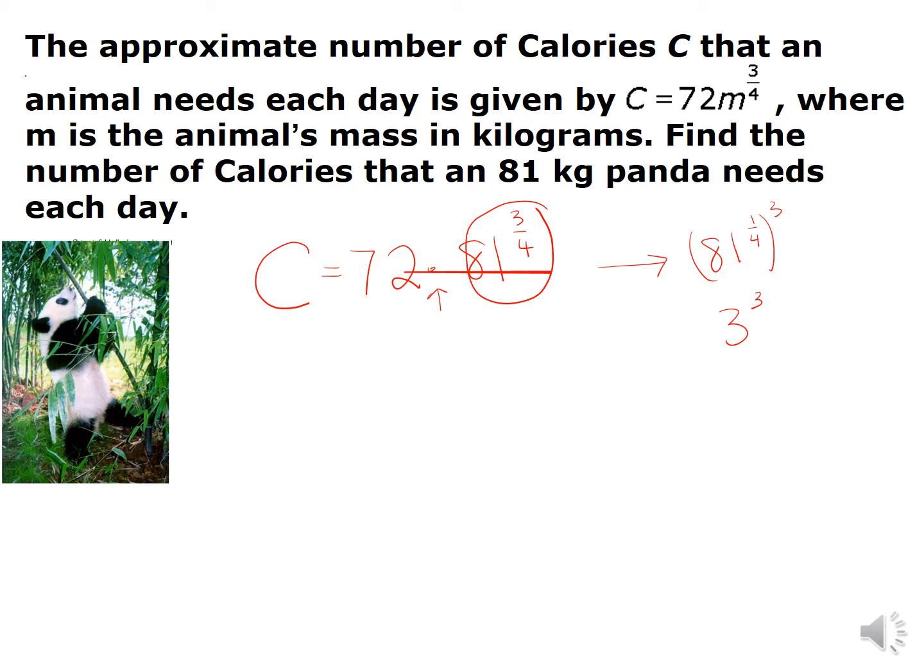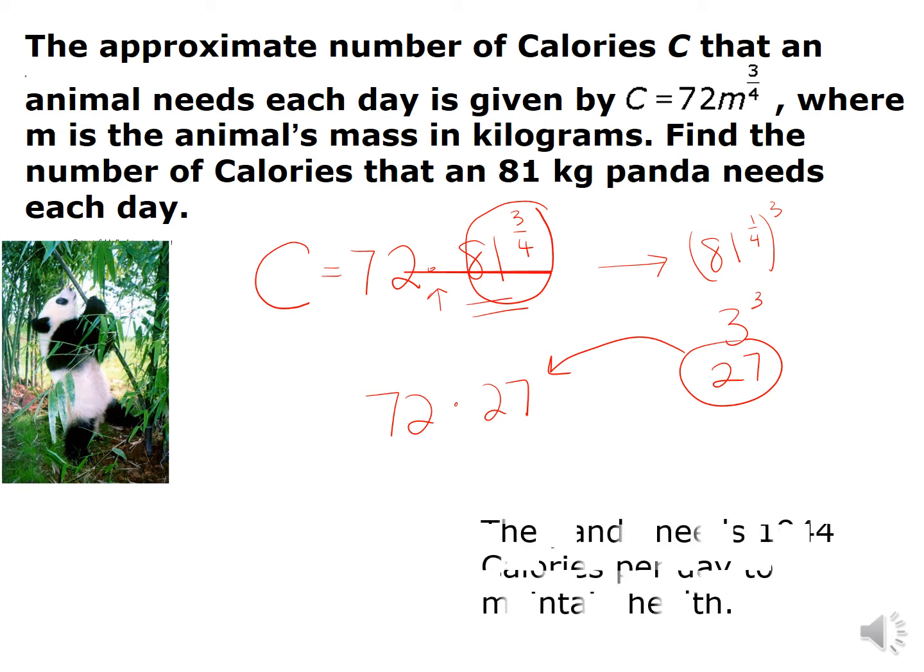So I get 72 times 27. A lot of students will stop here and say, oh, it's 27. And they'll forget to put it back inside the equation and solve. So that panda needs 1,944 calories per day to maintain health. So if you're going to be a zookeeper, that's the kind of stuff you need to know. You're still going to be using math.